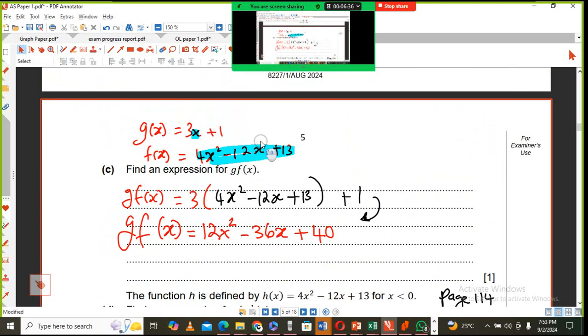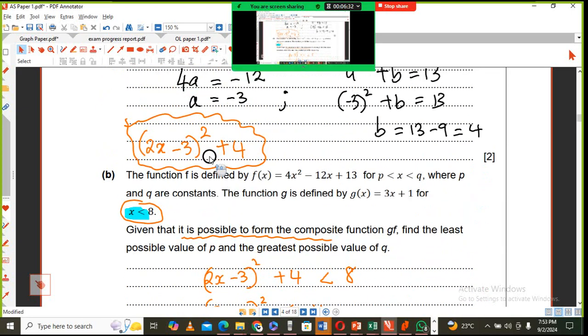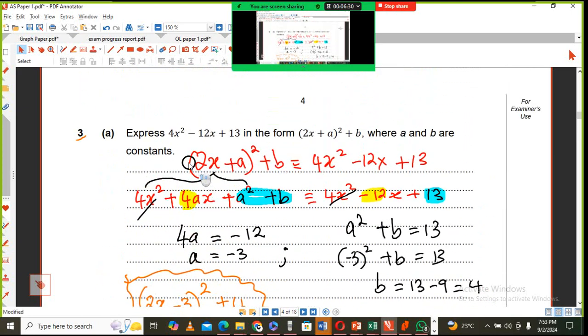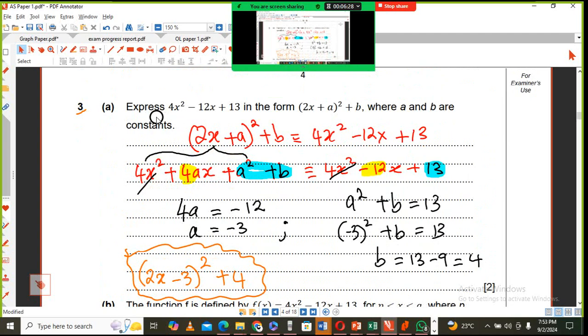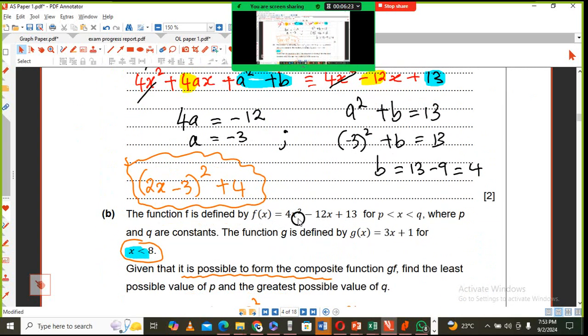You remember our f of x, the one that we calculated. This one here is the same. Here they just said 4x squared. They didn't say it's function what. But then here they came to call it function f of x because they are now comparing two functions on this condition.